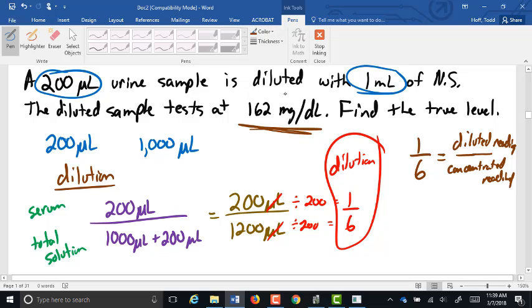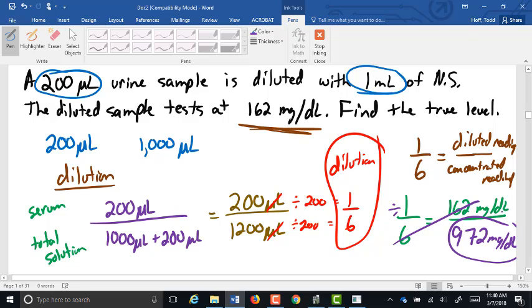So we have 1 in 6 is our dilution ratio. The 162 milligrams per deciliter is our diluted reading. And we can cross multiply and divide. 6 times 162 is 972, I believe. Divided by 1 will be 972 milligrams per deciliter.